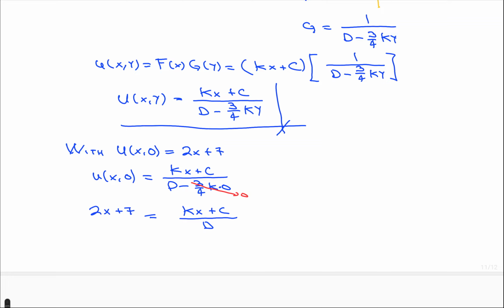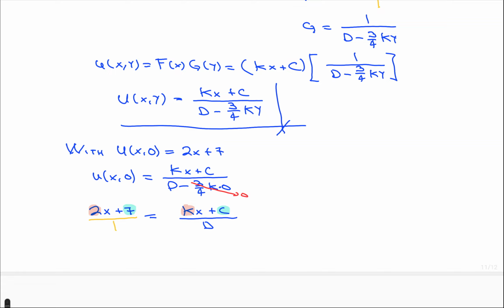And u of x0 is equal to 2x plus 7. Now, the question is how are we going to equate coefficients? For this to be an equation, number one, the coefficient of x, which in this case is k, equals the coefficient of x on the right-hand side of the equation. Then the constant term c equals the constant 7 on the right-hand side. But what about d? For d, you might want to think of the left-hand side of the equation as divided by 1.